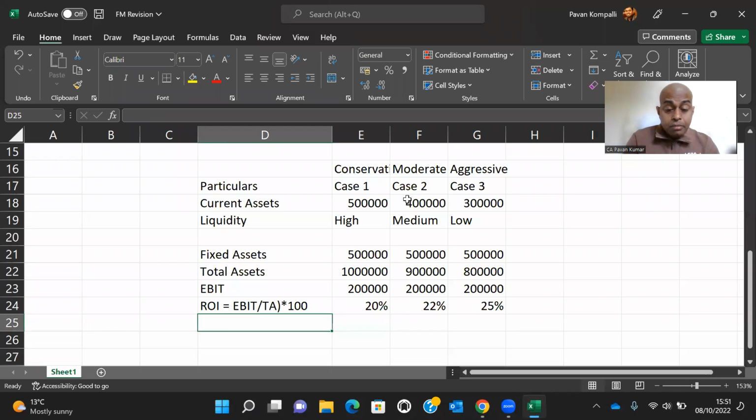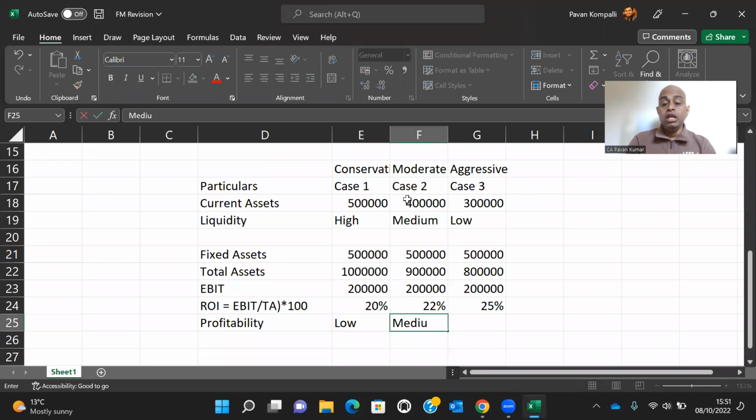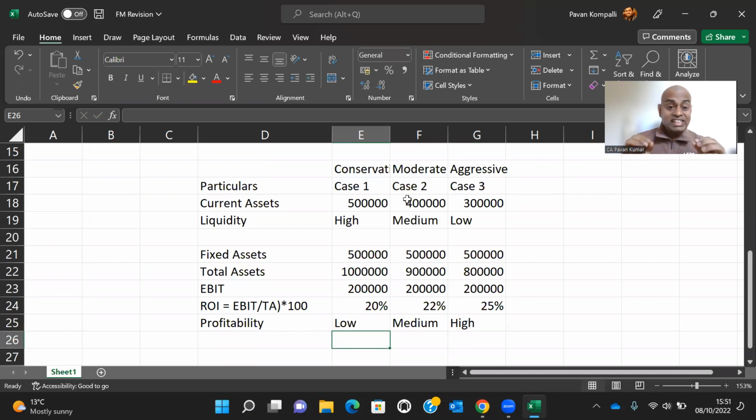Now tell me about profitability. Is this low profitability or high profitability? Obviously, looking at the number, low profitability. This is medium profitability. This is high profitability. So can I say liquidity and profitability are inversely related?